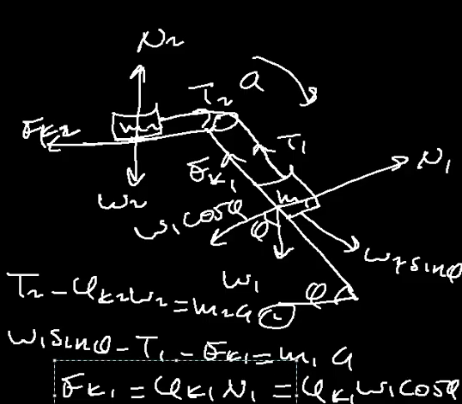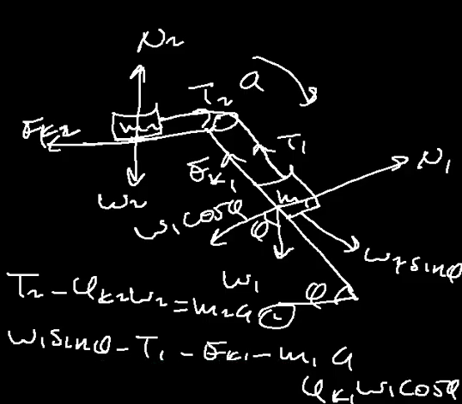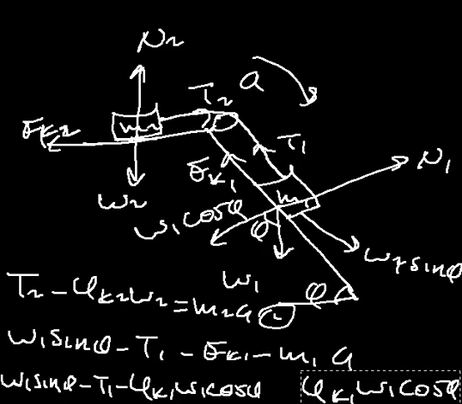So what it tells us is that we should substitute that one: where there is Fk1, we'll have this expression. That will be given as weight 1 sin theta minus tension force minus mu k1 weight 1 cos theta is equal to mass 1 times its acceleration.